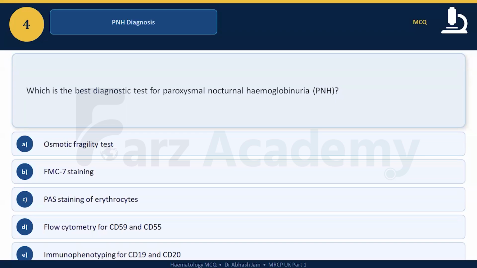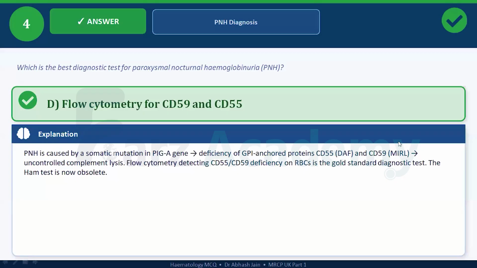You can try, doctor. Okay, so let's see, CD59 and CD55. Yes, you are correct, doctor. Flow cytometry for CD59 and CD55.